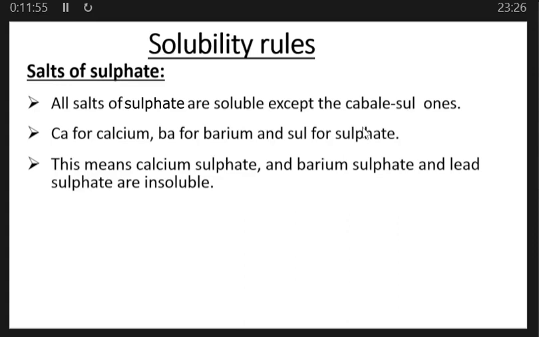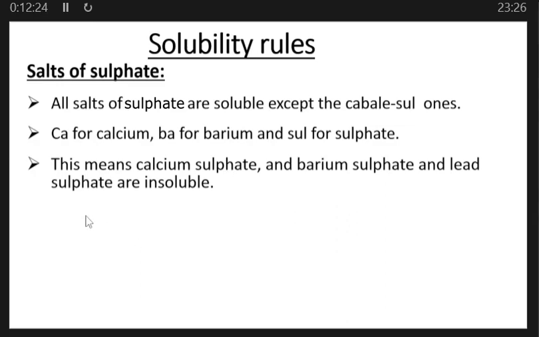So the other salts are soluble. I can have sodium sulfate, potassium sulfate, zinc sulfate, copper 2 sulfate, silver sulfate. All those are soluble salts. But these ones are insoluble. All right? I hope you are getting this clearly.